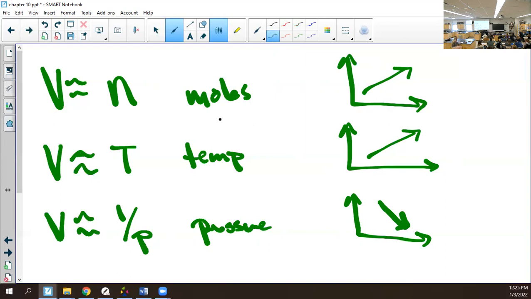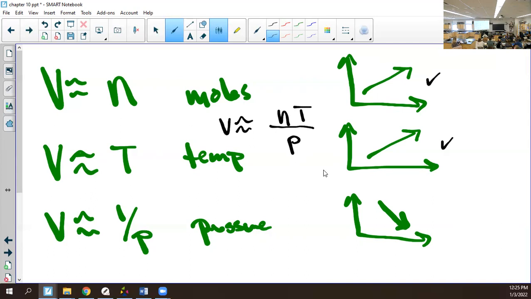So I'm going to say volume is roughly proportional to what ones are on top? N and T, but inversely proportional to pressure. The arrows show where the variables go. You with me so far?